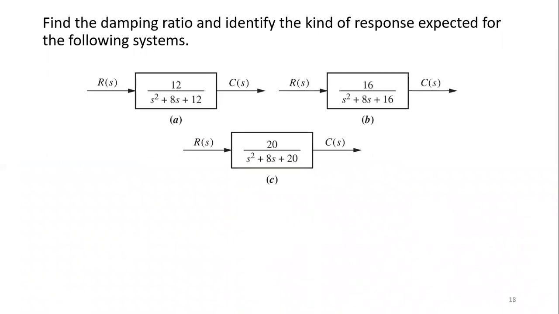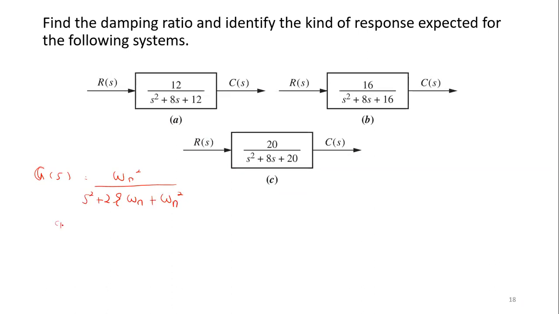Okay, let's move to the exercise. Find the damping ratio and identify the kind of response expected for the following systems. For example, for A, again we have the general form, which is natural frequency squared over S squared plus 2 times damping ratio times natural frequency S plus natural frequency squared.